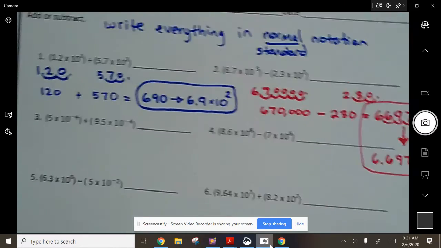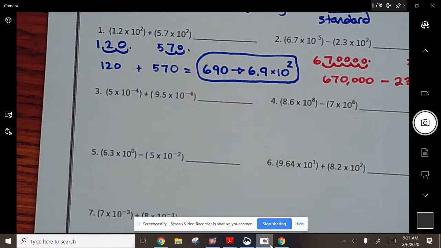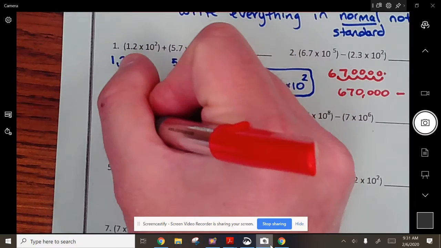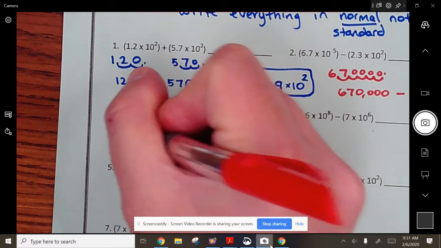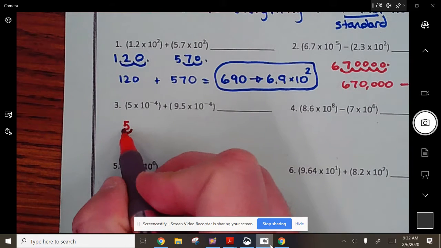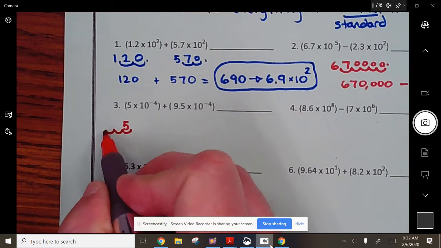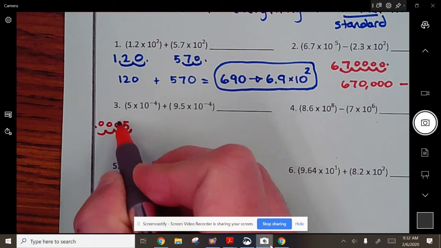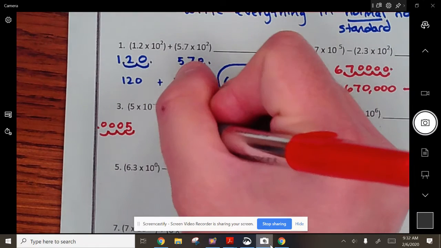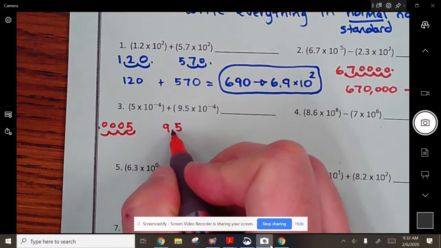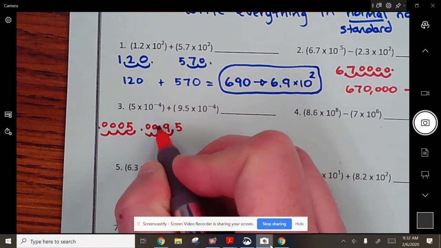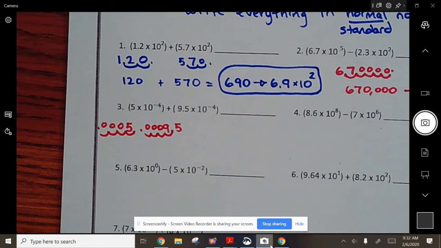All right, now we get a little tricky because this one has a bunch of negatives. So that's going to be 5, and the decimal's here, right after 5, and you're going to go -4. So you're going to go 1, 2, 3, 4, and that's your actual number, 0.0005, plus 9.5 times 10 to the -4, 1, 2, 3, 4, 0.00095.